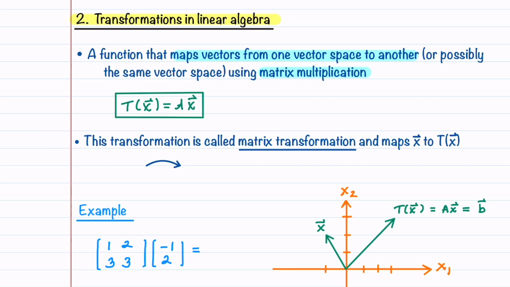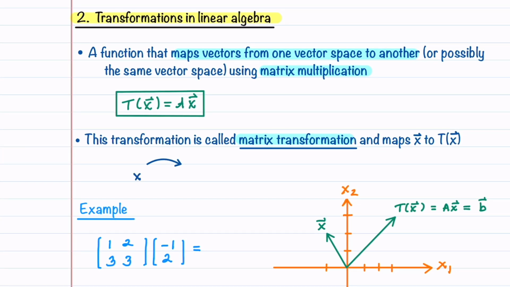This transformation is called a matrix transformation and maps x to T of x, which is also equal to Ax, and we also sometimes call that vector b. It's called a matrix transformation because it can be written as A times x.